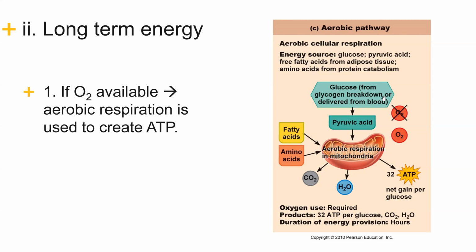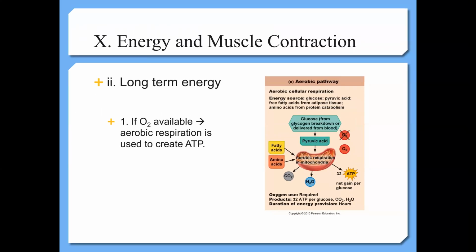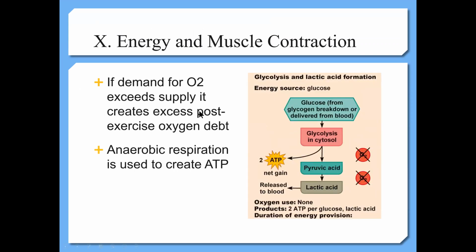But this is what happens. If we have oxygen present, we can do cellular respiration. And rather than get 1 unit of ATP out, now we've gotten 32 units of ATP out. If we have exceeded our demand for oxygen, in other words, our muscles are going to start to cramp and they're going to start to quiver, okay? We then go to anaerobic respiration.